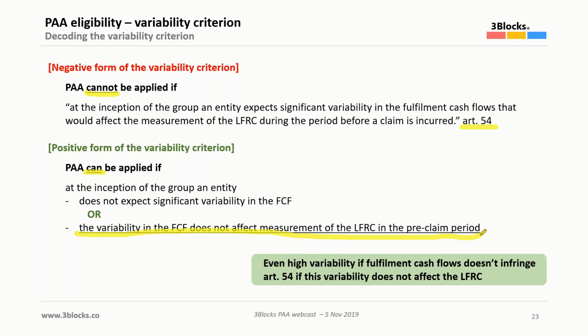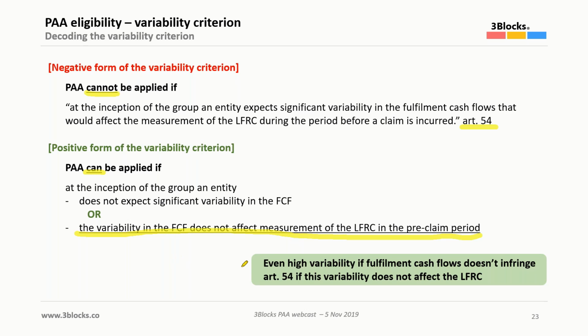So this is an alternative. Even if one element of the alternative is not met, then if the second is met, the criterion is still satisfied.